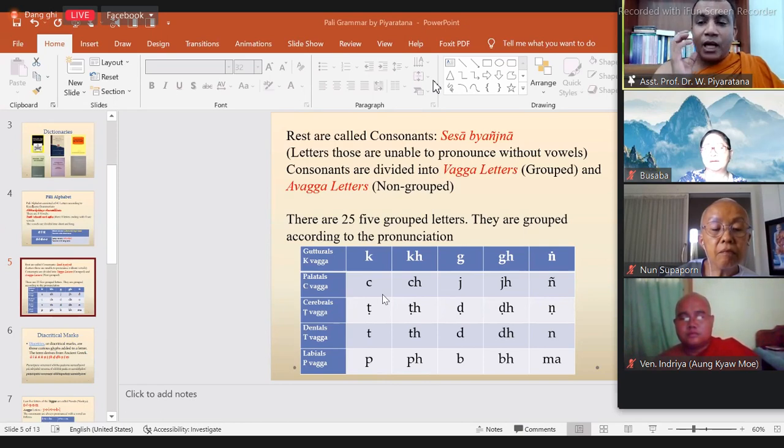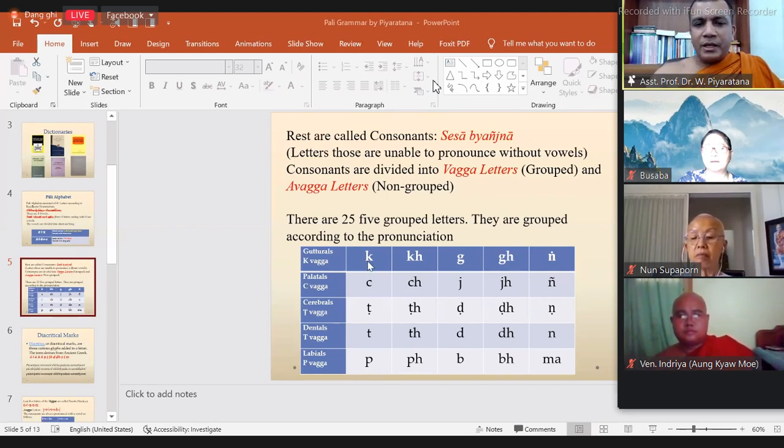Palate means talu in Pali. The letters are originated within our palate, so in Pali they are called taluja. Cha, chha, ja, jha, nya.